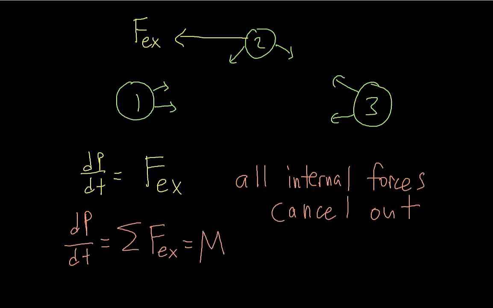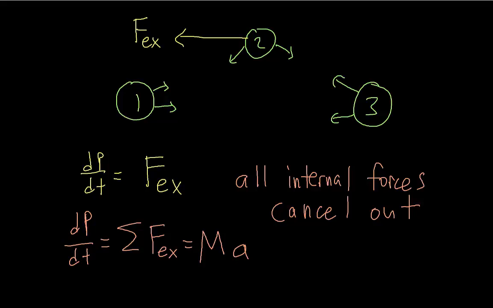So for the rate of change of the total momentum, it's equal to the total mass of the system, all the masses of the particles added up, times the acceleration of the system. This is nothing new. This is just Newton's second law, how we've already been using it. We take the net force to be only the external forces, and then if we were looking at a system with multiple particles, then instead of just m, we add up all the masses of the individual particles.